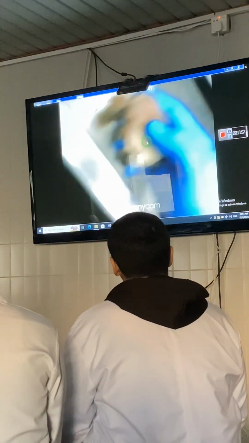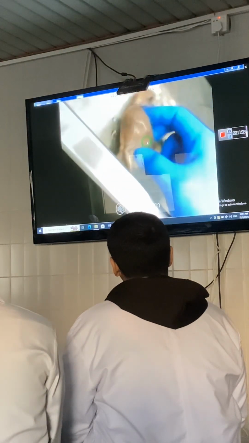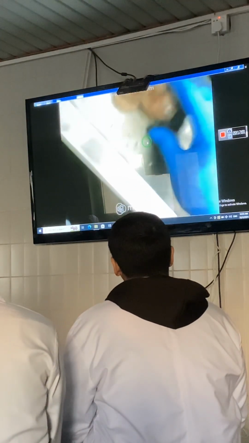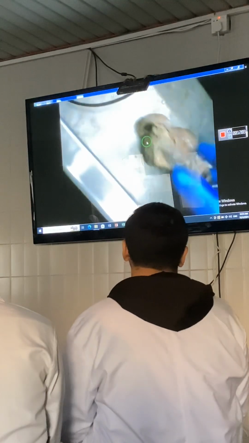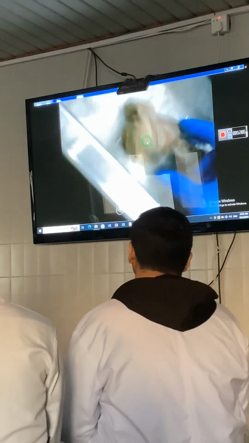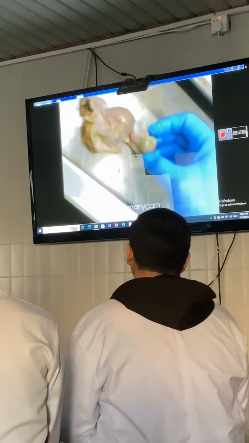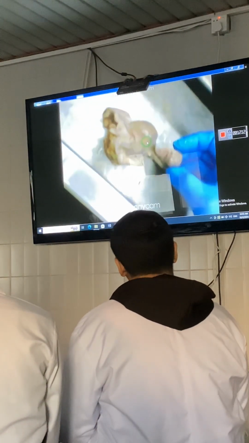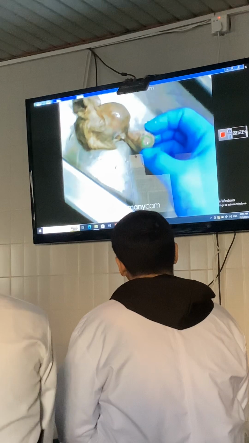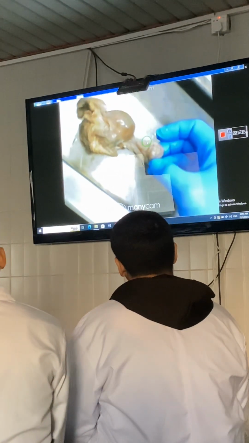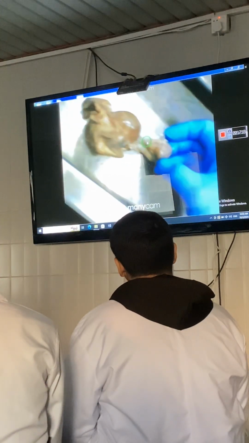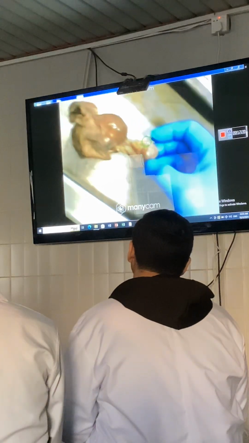Just look at the cursor on the computer. This is the uterus, right? This is the uterus. And that is the ovary. So that is the uterus from behind, because this is the ovary. This is the uterine tube, right?